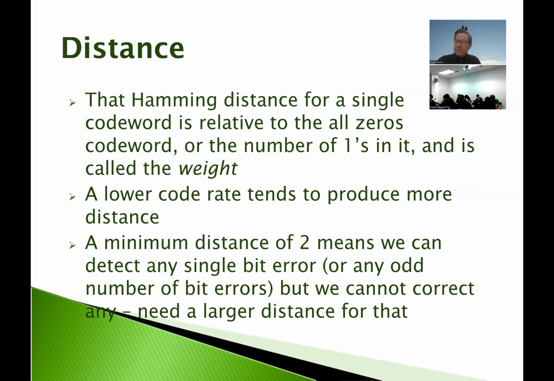If we have a minimum distance of 2, that means we have to change 2 bits in that code word before we get to another legitimate code word, right? So if only 1 bit is flipped, that's not going to be a legitimate code word, and so we can conclude that there was an error in that transmission. We won't necessarily know which bit was wrong, but we'll know that there was an error.